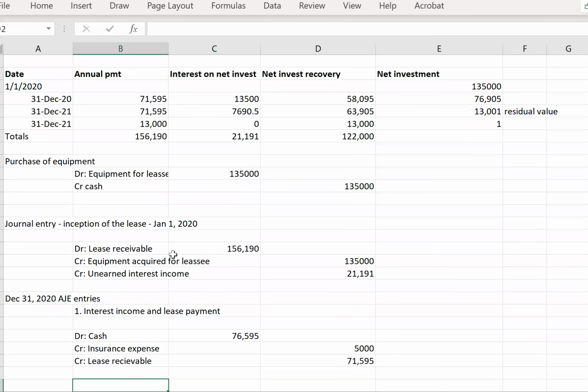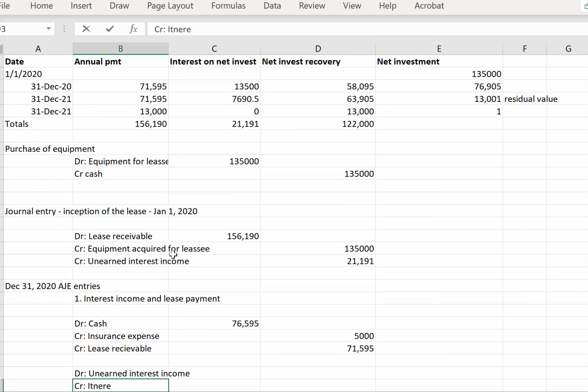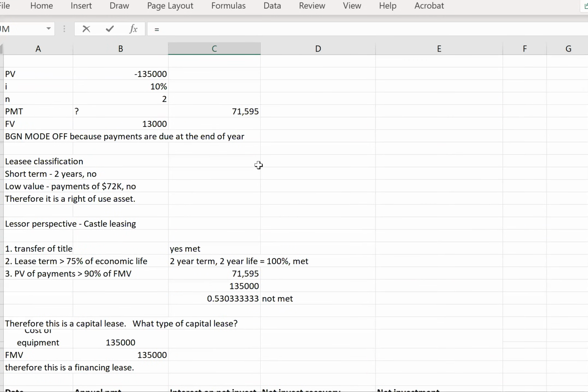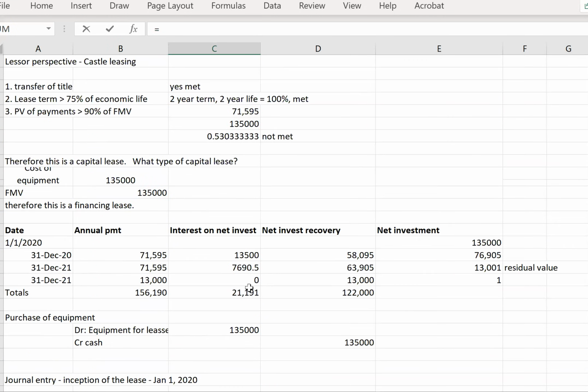And then we're going to record our interest income. So we're going to debit unearned interest income, credit interest income. And this is going to be this amount from our schedule here.